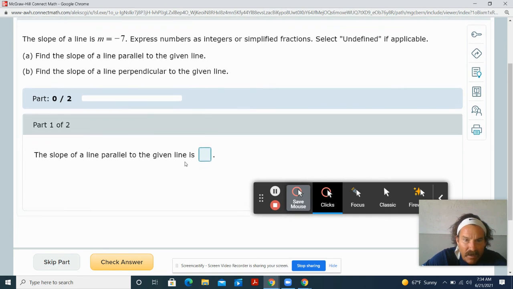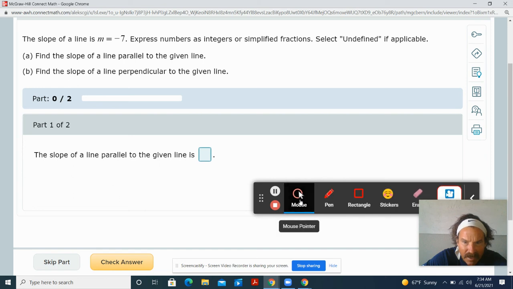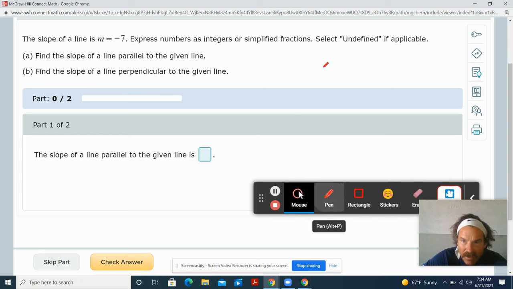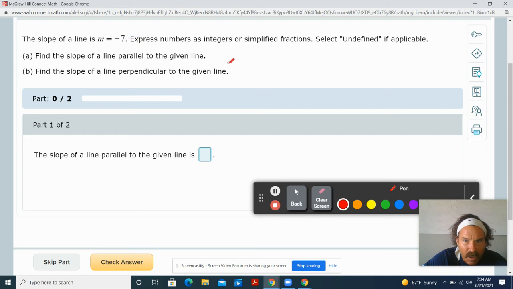Well, if you understand what the word parallel means, and I think most of you have probably seen the word parallel, kind of like railroad tracks. Railroad tracks are parallel. So if one has a slope of negative 7, let's just say that line there has a slope of negative 7, well, then this line here, if it's parallel, that means its slope is the same.